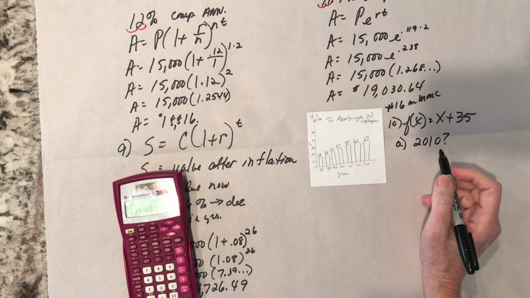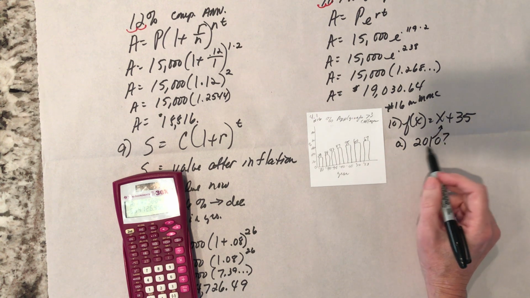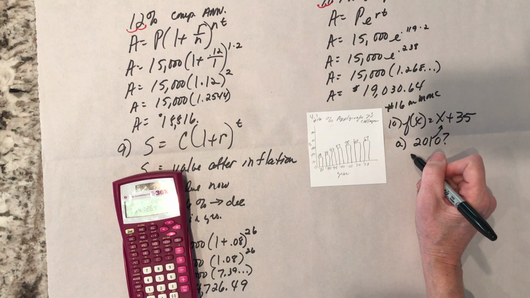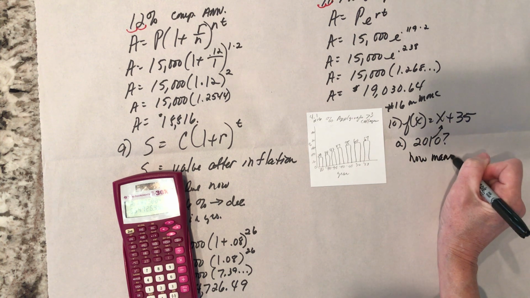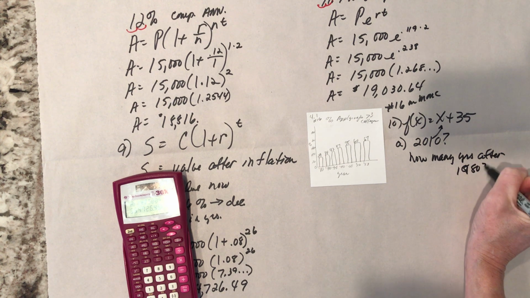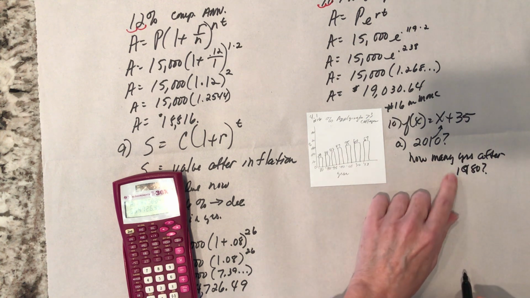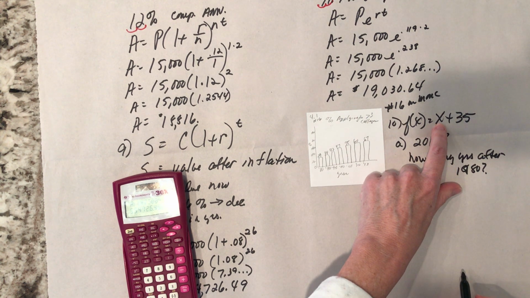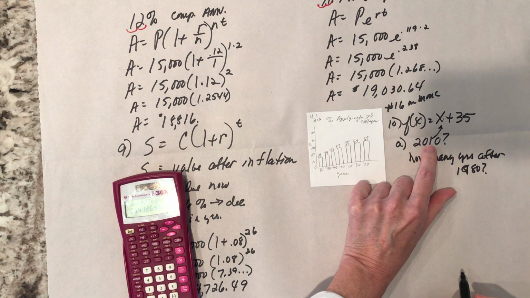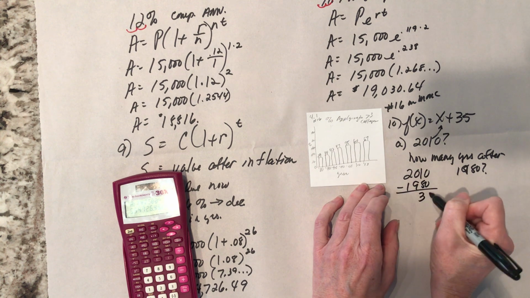So what you need to know about this is that you don't plug 2010 in there. 2010 represents how many years after 1980. I know we did at least one problem like this in class. So when you've got these formulas, you don't just plop the year in there. They're always going to want you to subtract from some year. In order to put the number in for x, you've got to figure out how many years after 1980 this is. So it's just 2010 minus 1980, and we'll get 30.